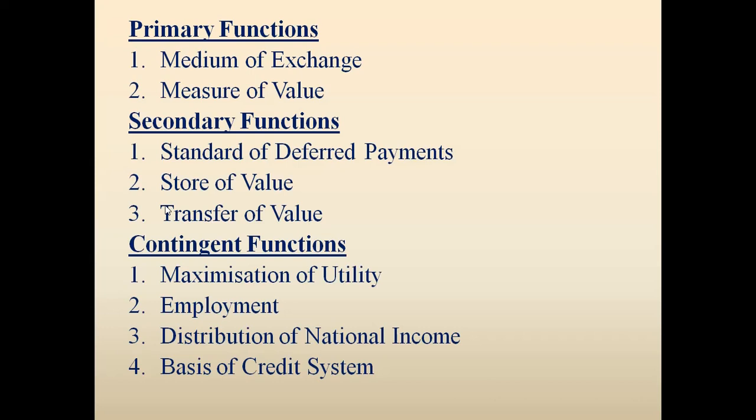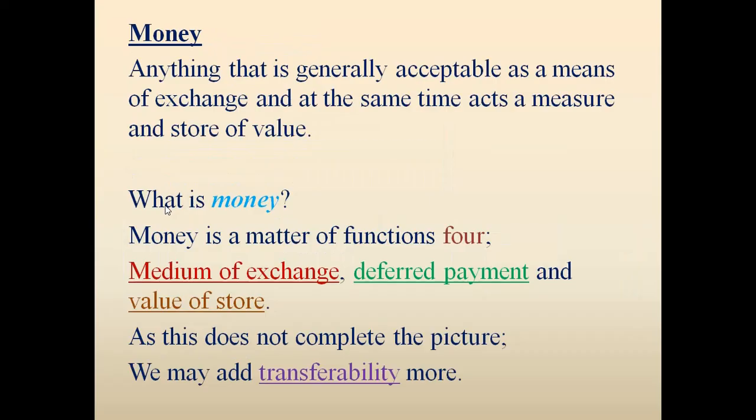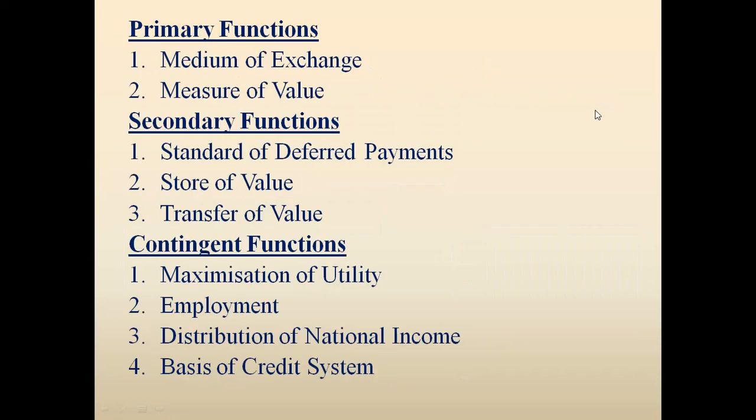Now this measure of value. What do you mean by the measure of value? As here we already have seen this measurement. A very simple example: 1 kg tomato equals rupees 40.